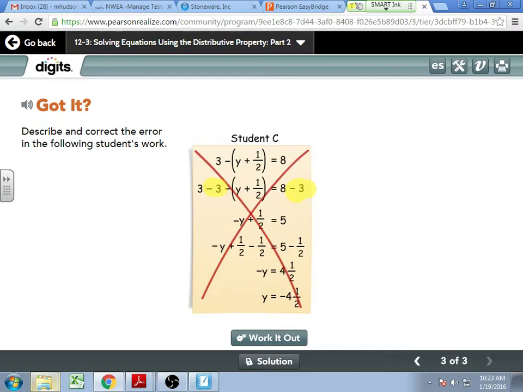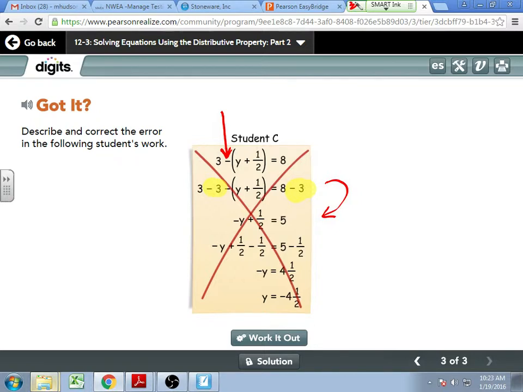Because what's attached to the parentheses is the negative. The 3 doesn't really have to be there. So they get rid of the 3, that's fine. But then also, in between this step and this step, they simplify on the right-hand side. But what do they do on the left-hand side? Karen? So what were they trying to do?